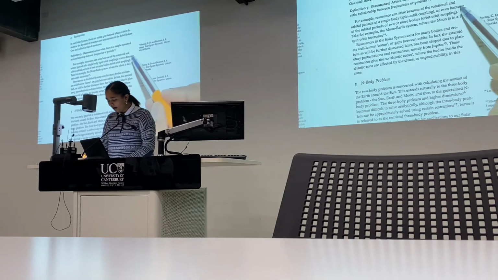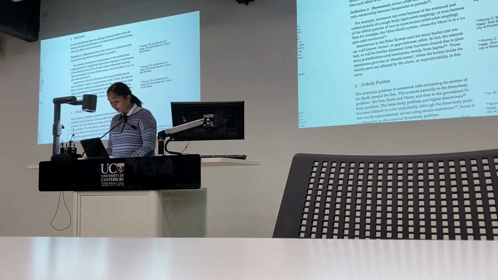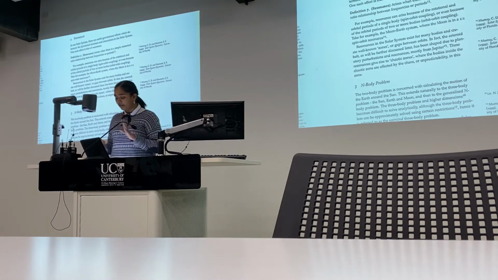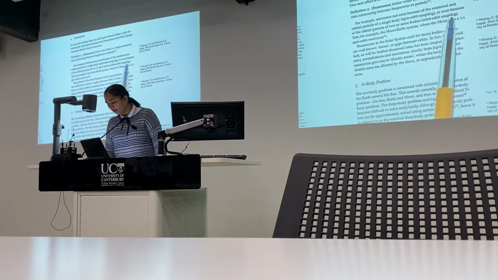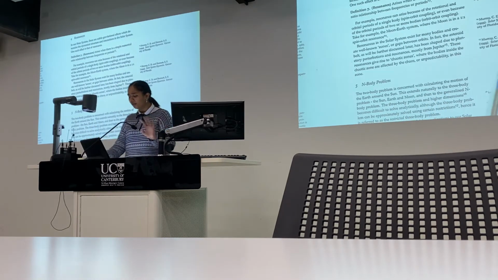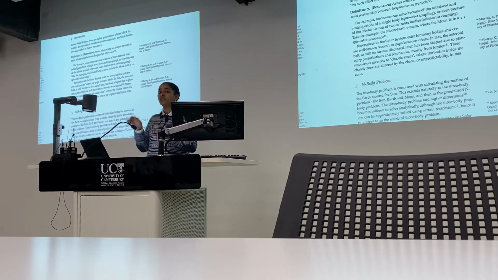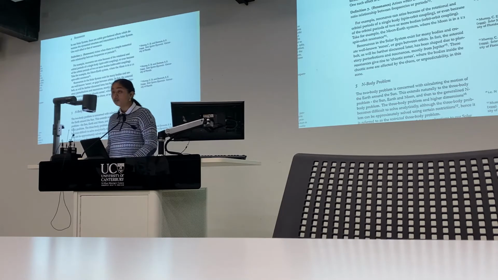Resonance can arise because of the rotational and orbital periods of a single body, that's called spin-orbit coupling, or even because of the orbital periods of two or more bodies, which is called orbit-orbit coupling. As an example, the Moon-Earth system has the Moon in a 1:1 spin-orbit resonance with the Earth, which by the way is commensurate.